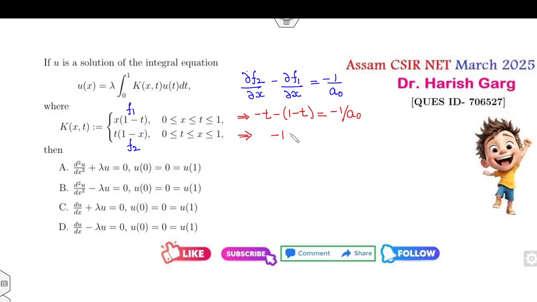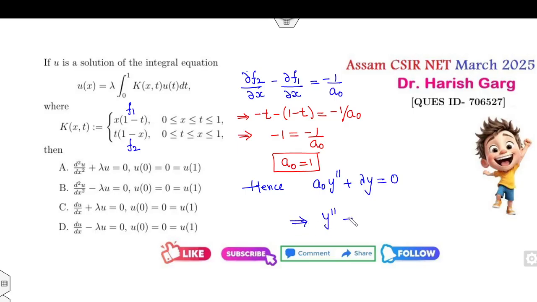If you open this bracket, it is minus 1 over a naught. So a naught will be your 1. Hence your differential equation will be a0 y double dash plus lambda y is 0. With a0 as 1, y double dash plus lambda y is equal to 0 is the right answer of this problem.